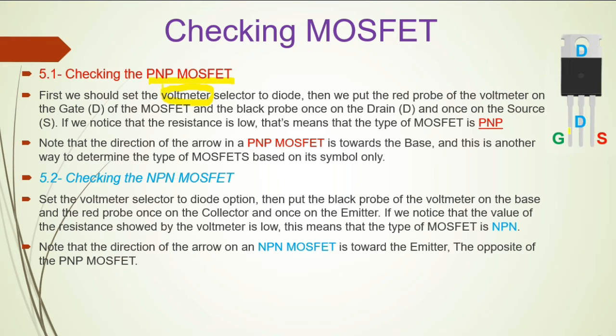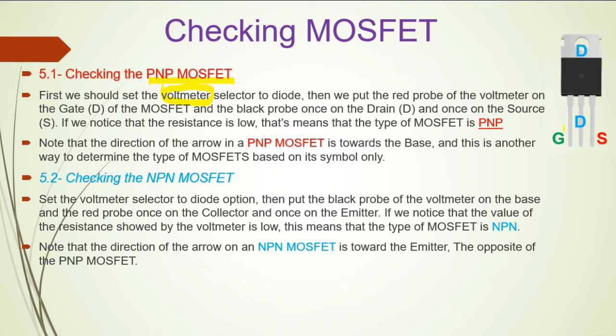So the red probe here and the black probe once here and once here. Note that this terminal is exactly like this one. We have here continuity between these two. If we notice that the resistance is low, that means that the type of MOSFET is PNP.